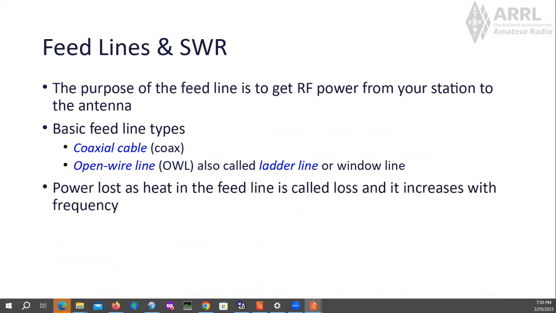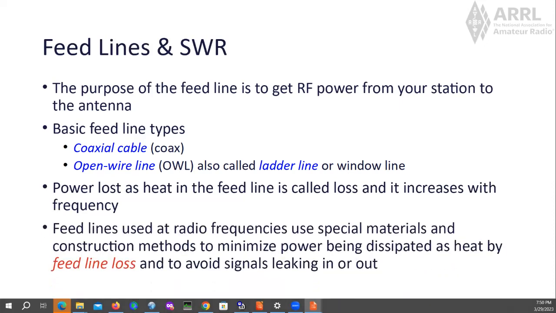Power lost as heat in the feed line is called loss, and it increases with frequency. Feed lines used at radio frequencies use special materials and construction methods to minimize power being dissipated as heat by feed line loss and to avoid signals leaking in or out.